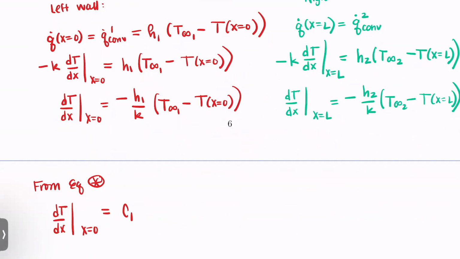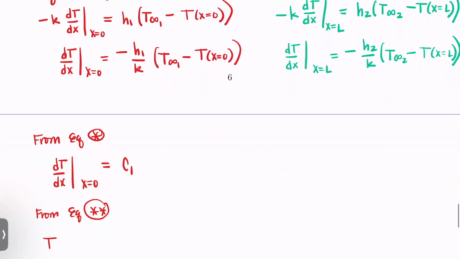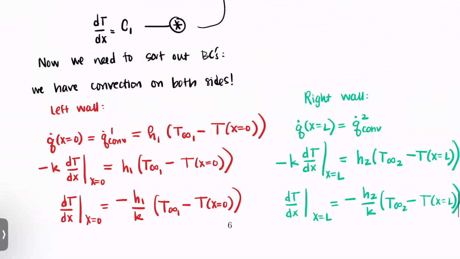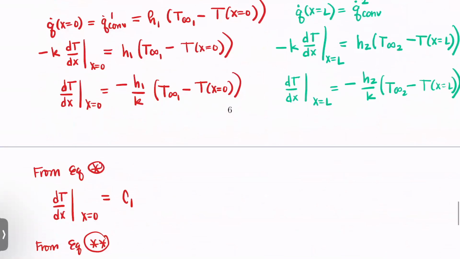From equation 2 stars, we have that T at x equals 0 is C1 times 0 plus C2, so this is just equal to C2.